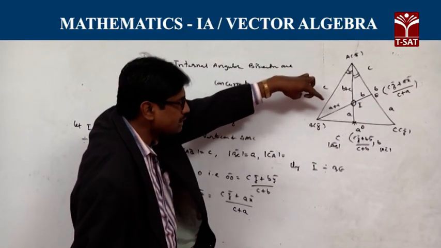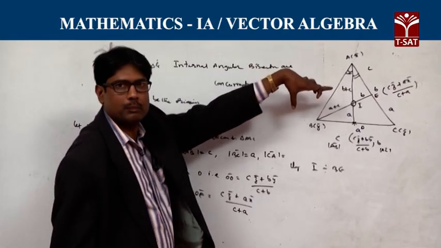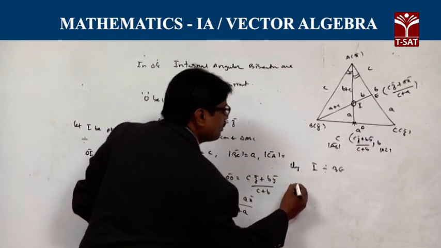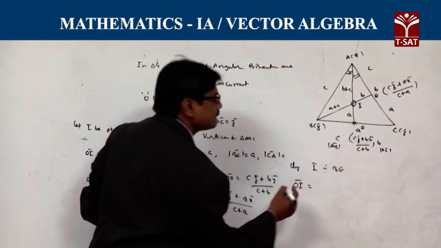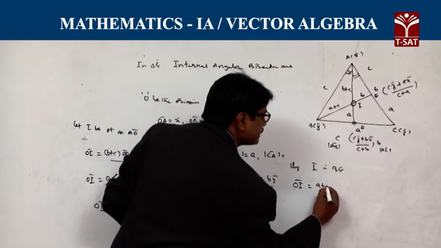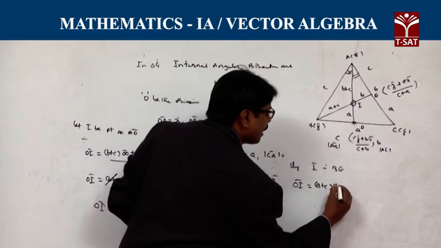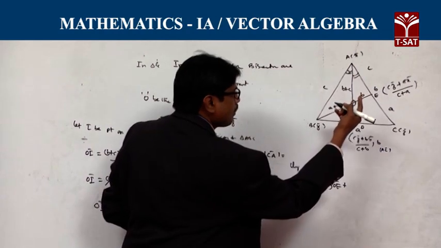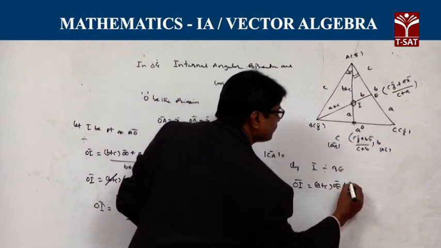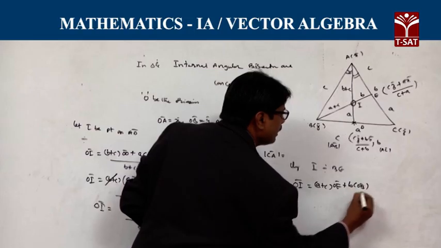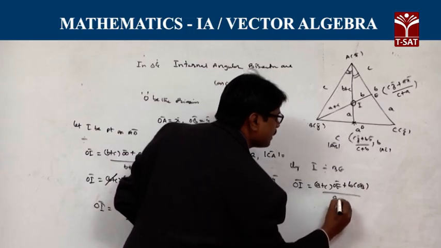Finding the position vector of I with respect to BE, again OI bar will be equal to a plus c times OE bar plus b times OB bar, divided by a plus c plus b.